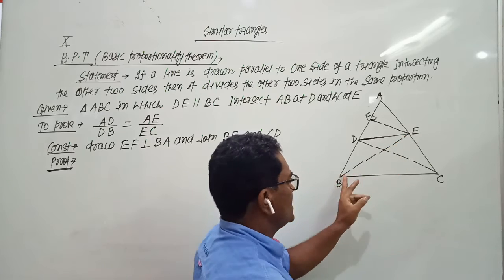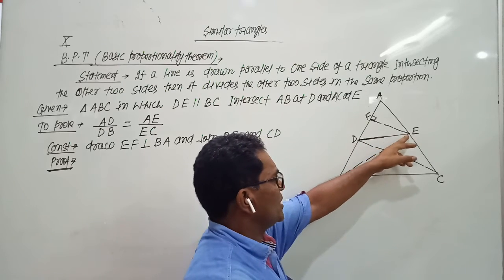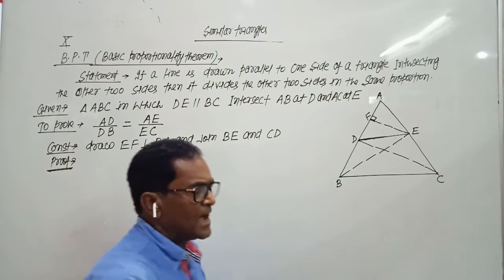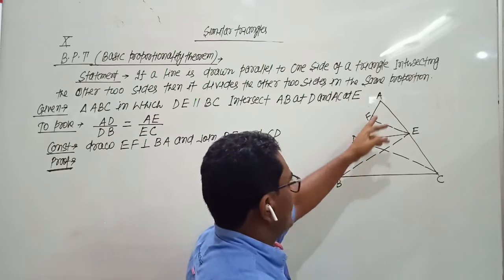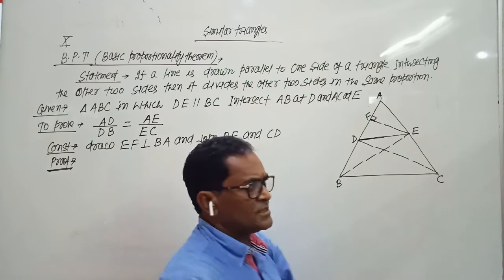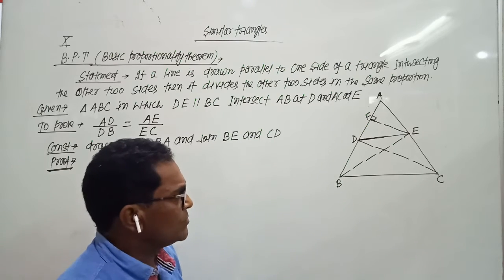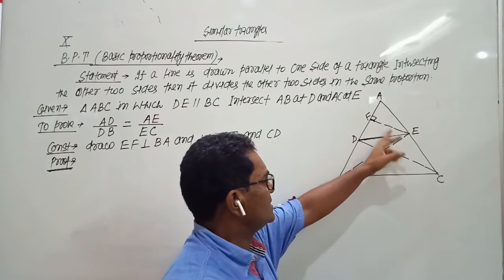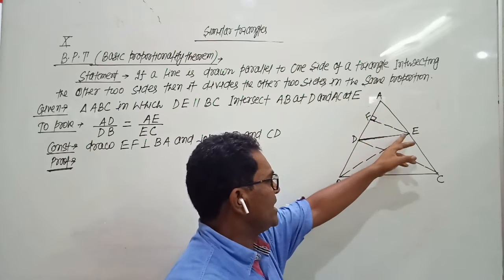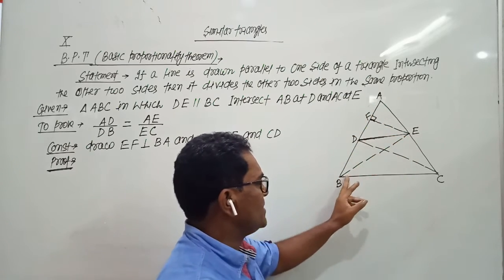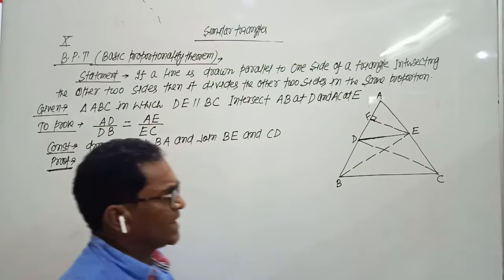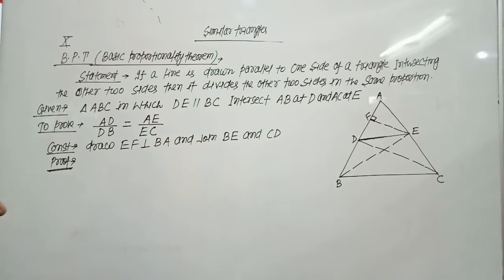So in an obtuse triangle, the altitude lies outside. And ADE is an acute triangle, so in an acute triangle, the altitude lies inside. So for triangle ADE, the altitude is EF, and for triangle DEB, the altitude would also be taken as EF.